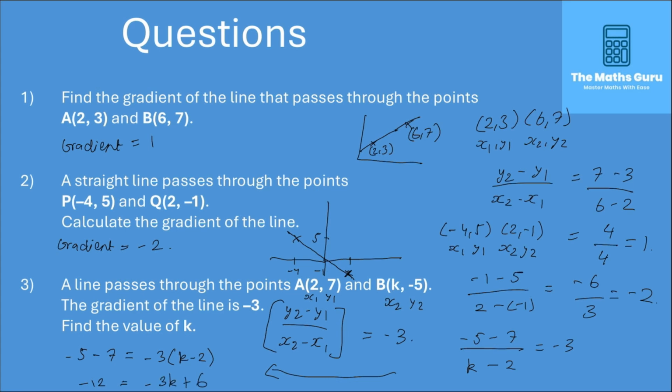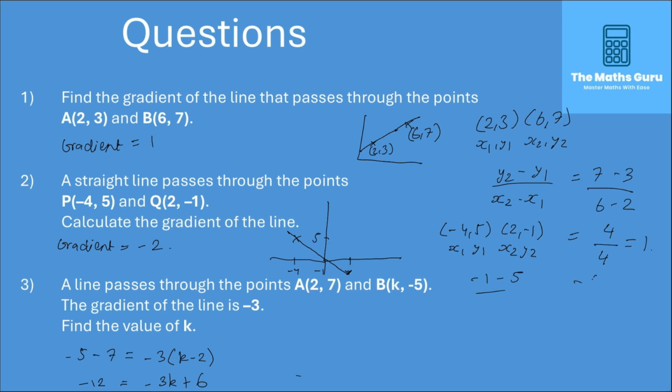To get k alone by itself, we first have to subtract 6 from both sides. From subtracting 6 from both sides, we have -18 is equal to -3k. Then we notice that our k is being multiplied by -3. To reverse this, we need to divide by -3 on both sides, meaning k is equal to 6.